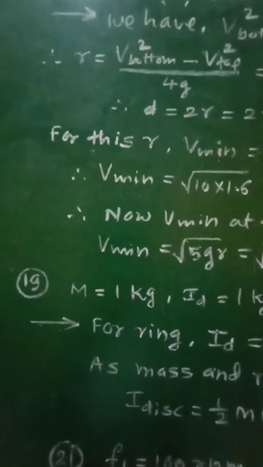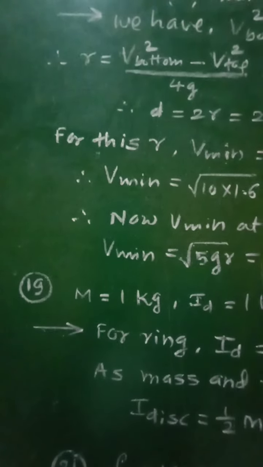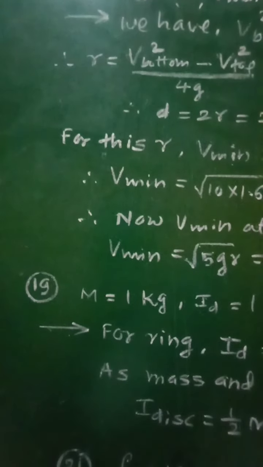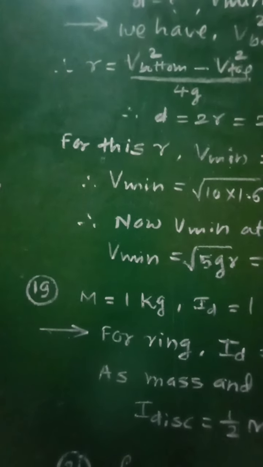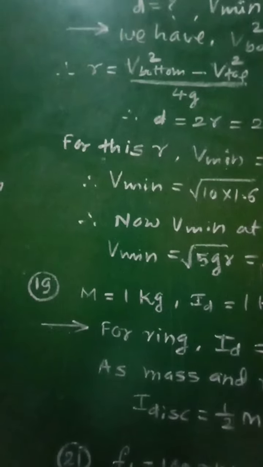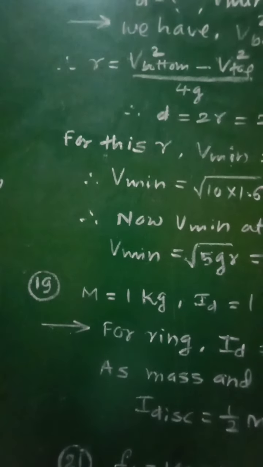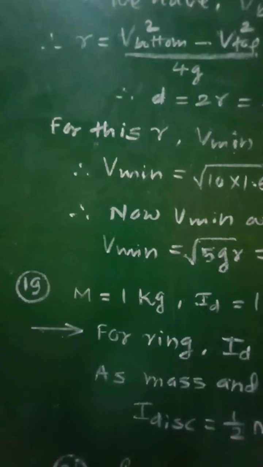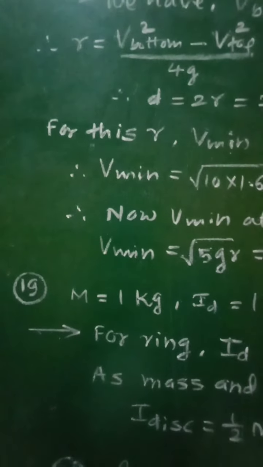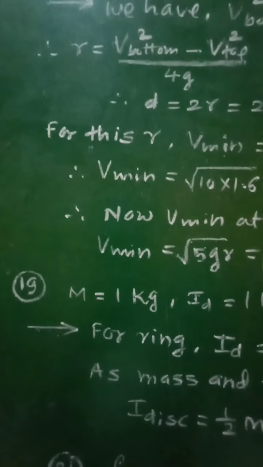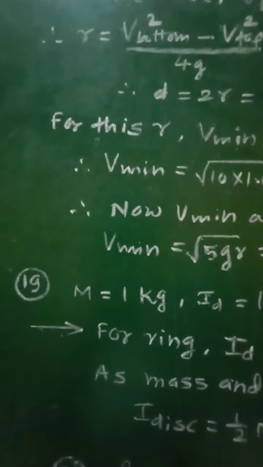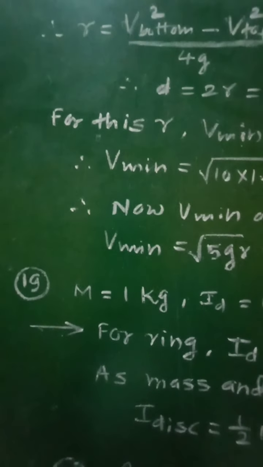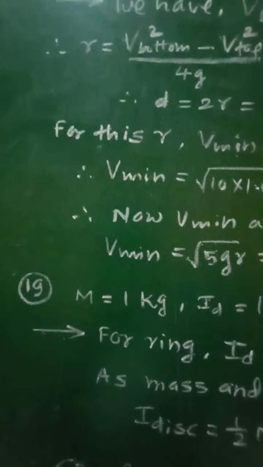It is molten and then remolded into a thin uniform disc of the same radius. So both ring and disc have the same radius. Then how much will the moment of inertia be when rotated about its own axis?